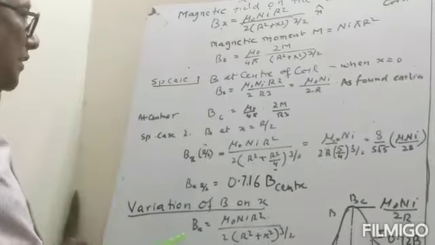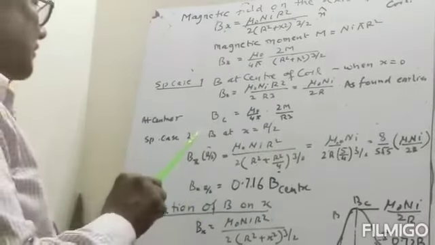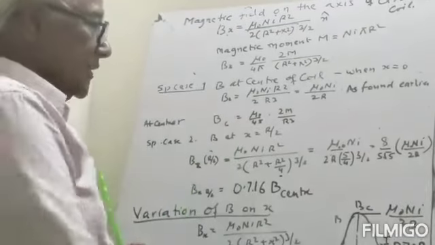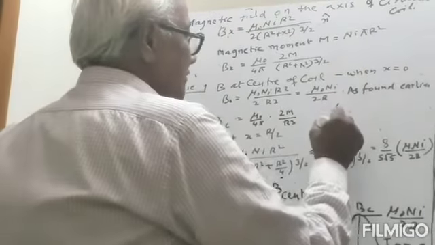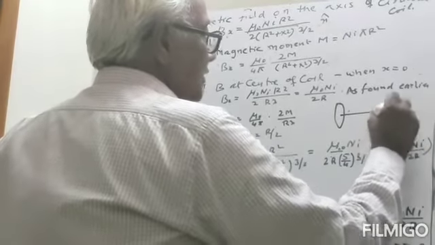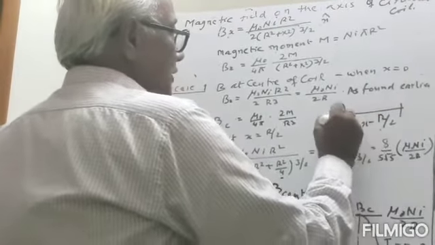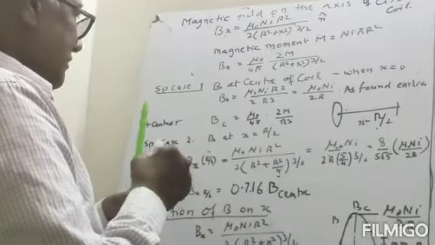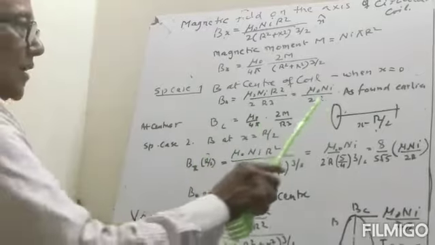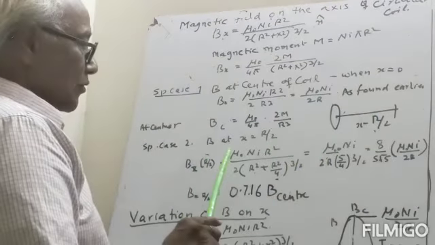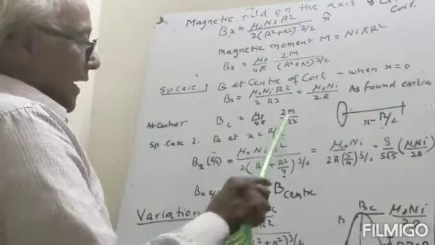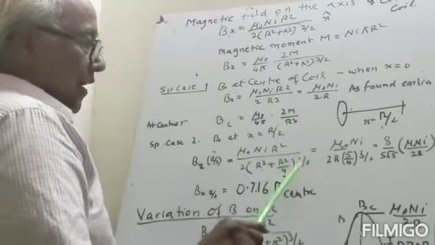Now the second case, when we have to find the magnetic field at a point at some distance from the center. This is the coil, and this distance is r/2. So x is equal to r/2. Then B on the axis at a distance r/2 from the center of the coil will be equal to μ0 n I r² divided by 2 (r² + r²/4)^(3/2).